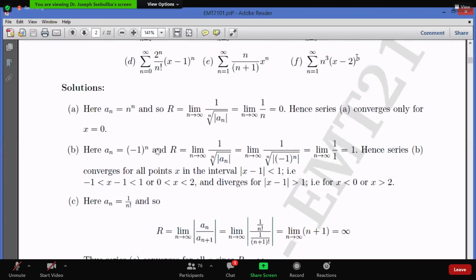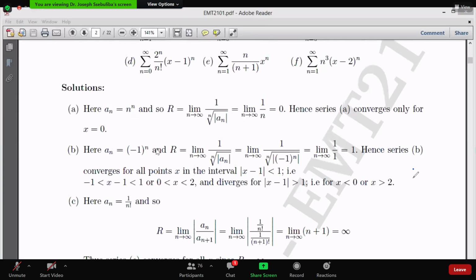So C is given as x to the n over n factorial. So since that's what we have, that is this part here. We are saying if n is this, but remember, we said you can either use the root test or the ratio test. So here in this case, we use the ratio test.